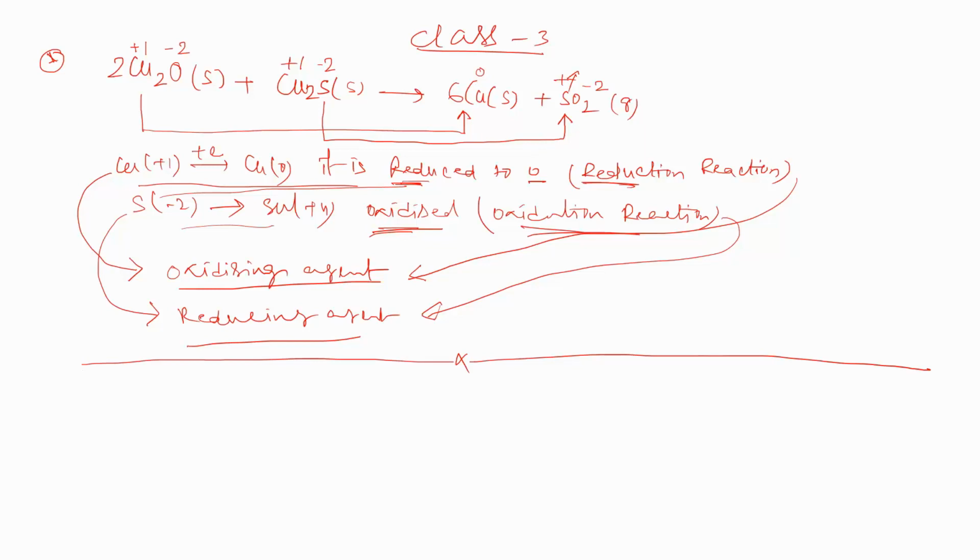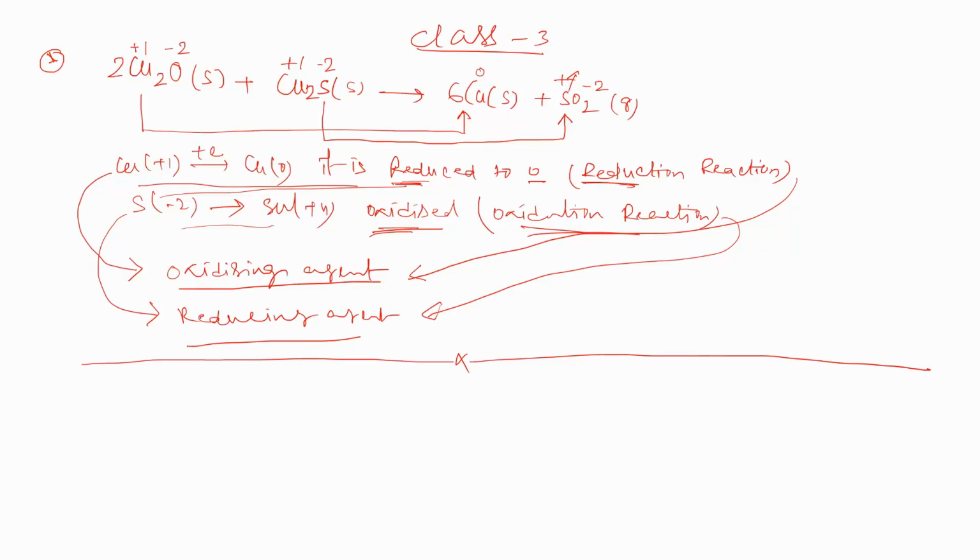In the first class I taught about the classical theory. In this way you can say it is an oxidation reaction or a reduction reaction. But in the second class I taught about the electron transfer theory by which we can say it is oxidation and reduction.